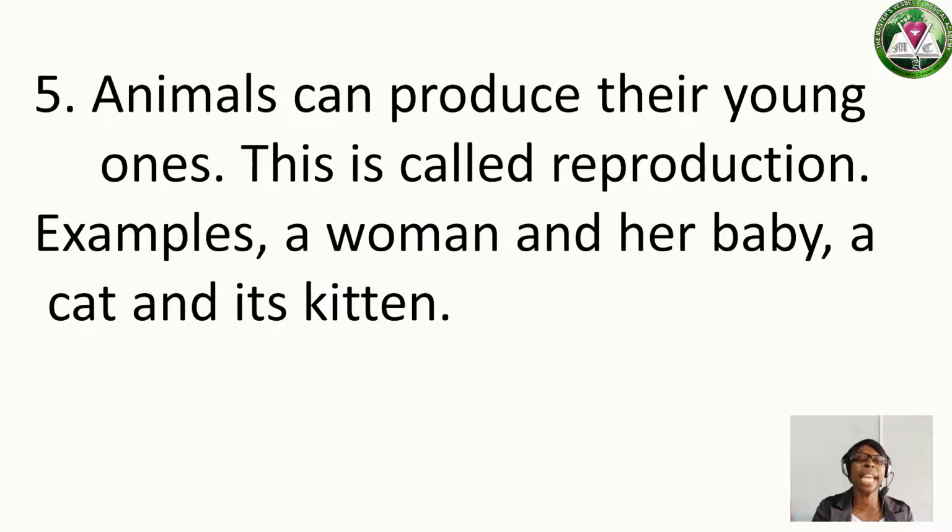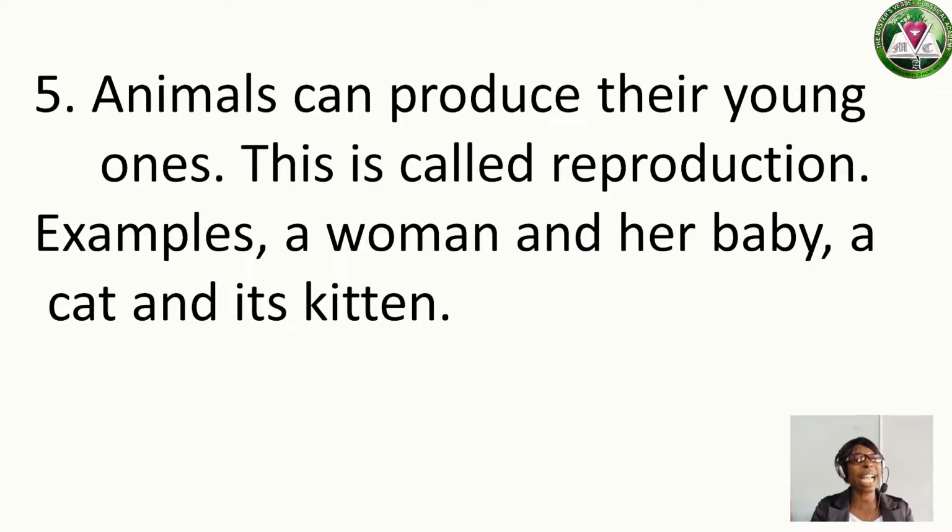And I want you to know that the reason for this reproduction is for continuity of life. If they don't produce their young ones, their life will stop there. Let's assume that the cat does not produce its kitten.